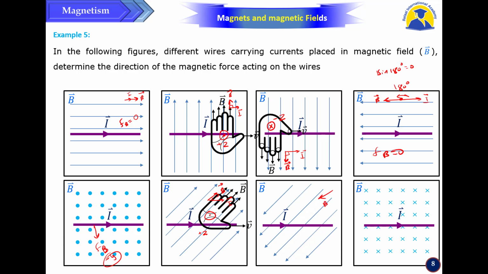Here the direction of B is in this direction, the direction of current is to the right. So here the angle is more than 90 degrees, and we use the right hand rule to determine the direction of force, which will be inside the page or negative Z. For the last case, the direction of current is to the right and the direction of magnetic field is inside the page. So the direction of force will be positive Y. This one, the direction of FB.